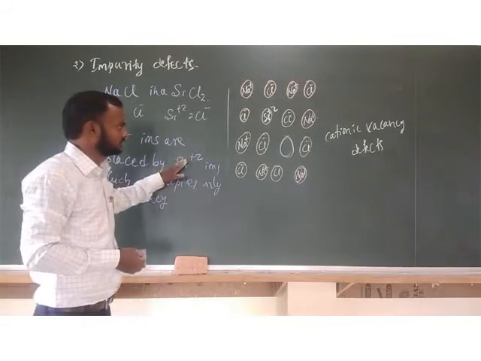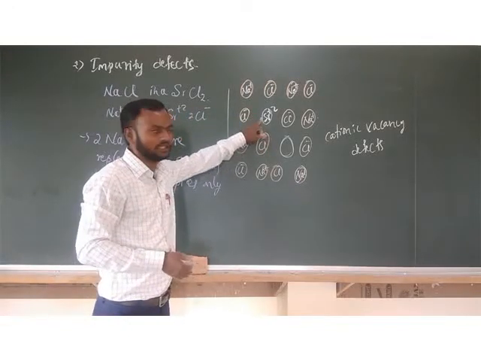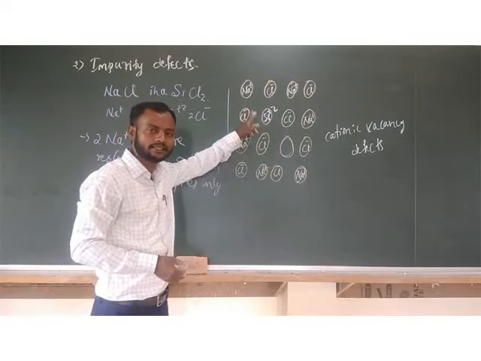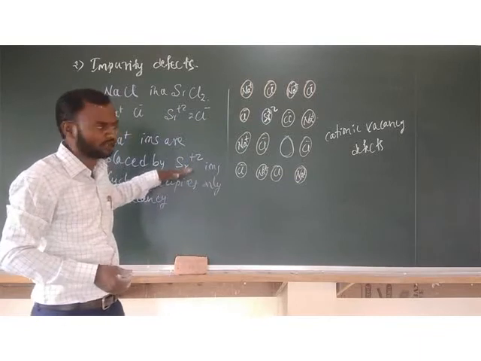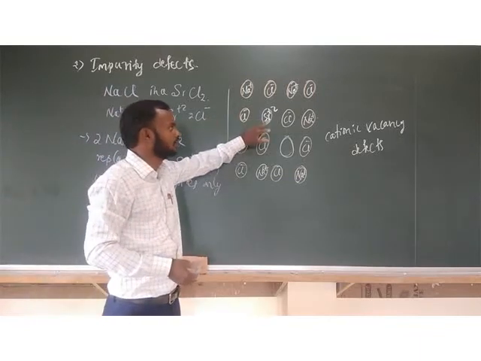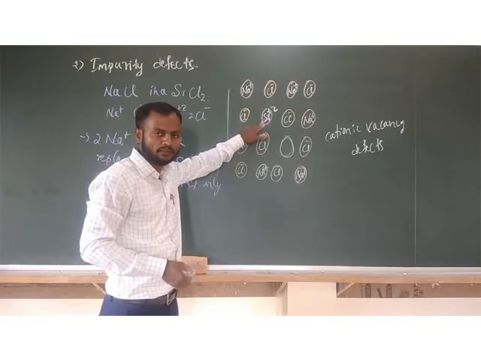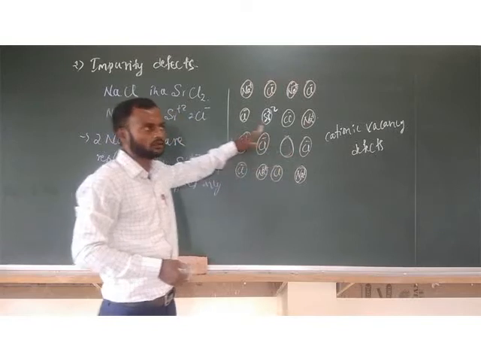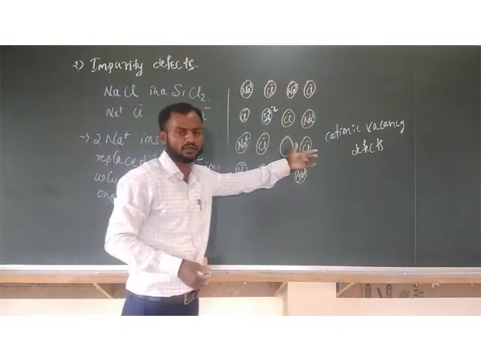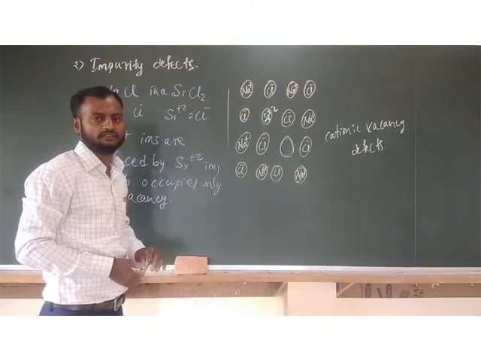The strontium chloride replaces the 2 Na+ ions, meaning cations, and the strontium 2+ ion occupies only one Na+ ion place. The remaining one vacancy is left. So this is called cationic vacancies or impurity defects.